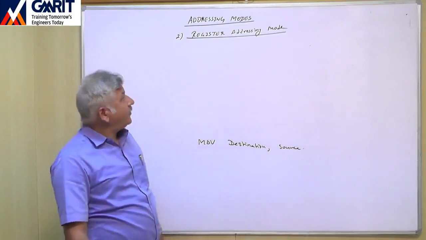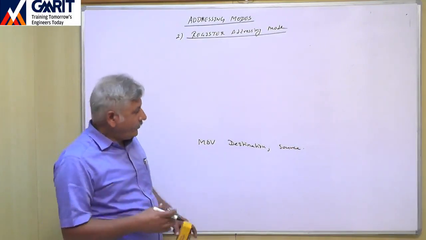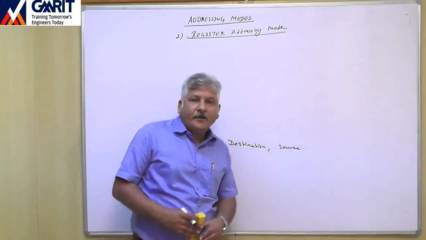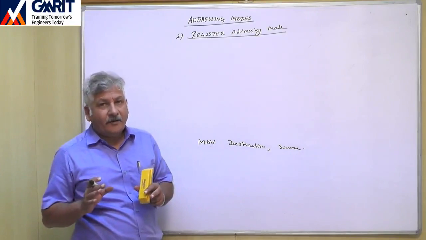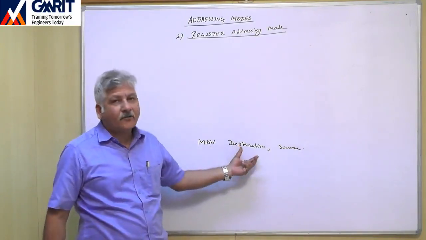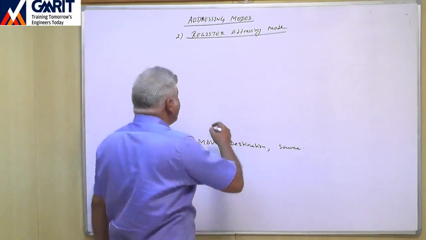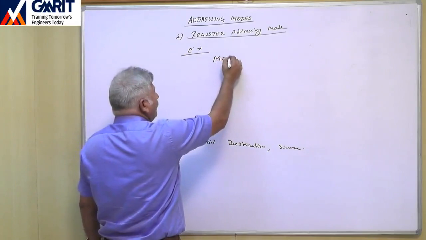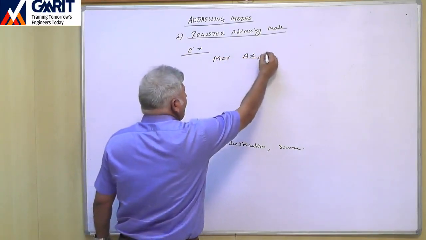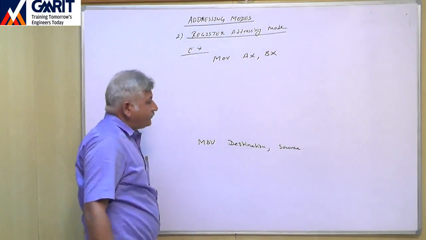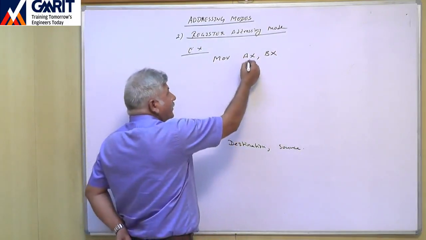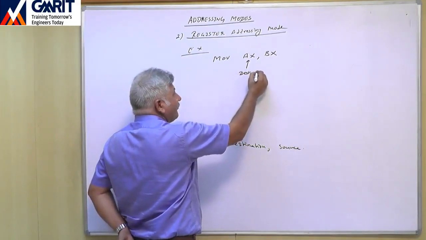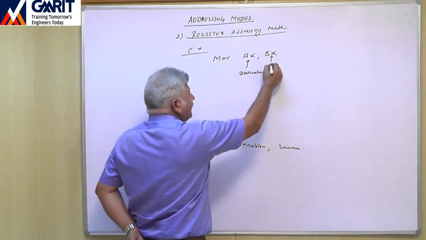So here in register addressing mode, our source, which is our operand, will be in some register, and destination is also a register, right? For example, move AX, BX. So now here this AX register is a destination and BX is our source.